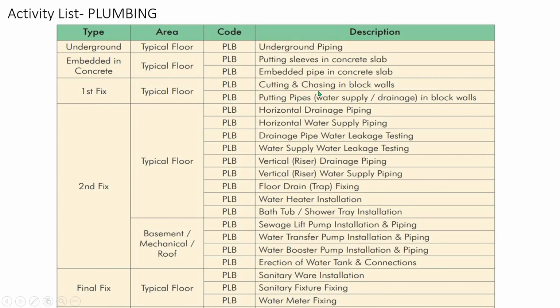The next one is first fix. First fix, cutting and chasing we have discussed already. Putting pipes in block walls as we discussed earlier. Second fix is horizontal drainage piping, horizontal water supply piping, drainage pipe water leakage testing, water supply water leakage testing, vertical drainage piping, vertical water supply piping, floor trap, water heater installation, bathtub, shower tray installation, sewage lift pump installation, water transfer pump installation, water booster pump installation, erection of water tanks and connections.